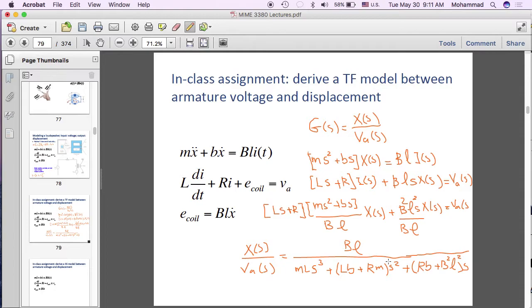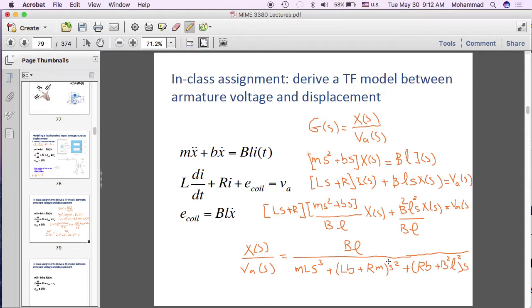Okay. So if I ask you, find a transfer function between applied voltage and velocity of motion of this diaphragm, you should be able to quickly answer that simply by knowing that x and v, as position and velocity, are related through a multiplication of s.